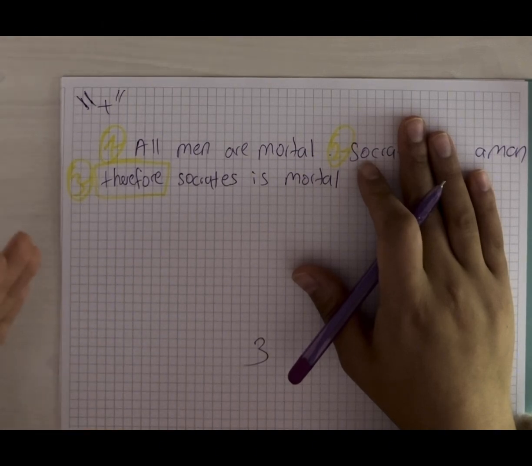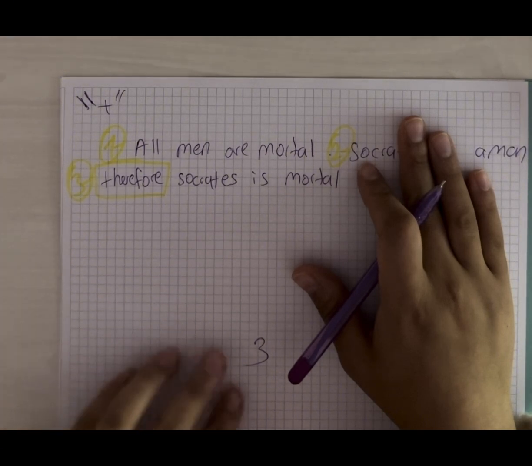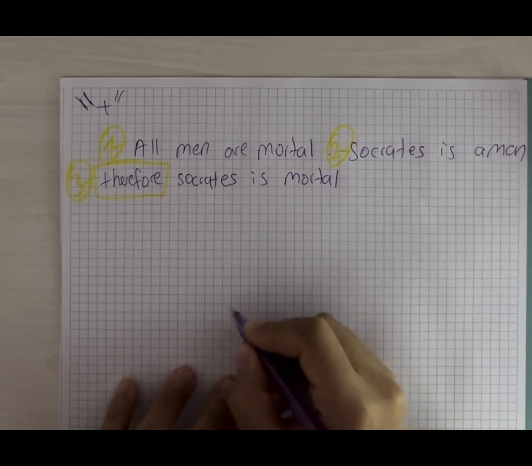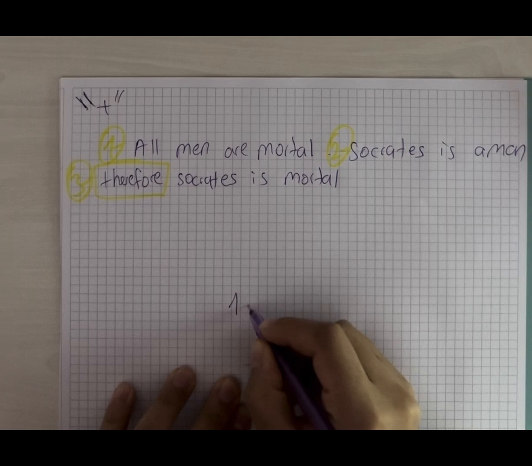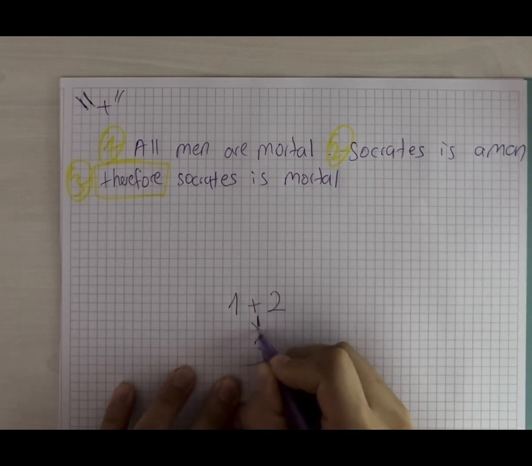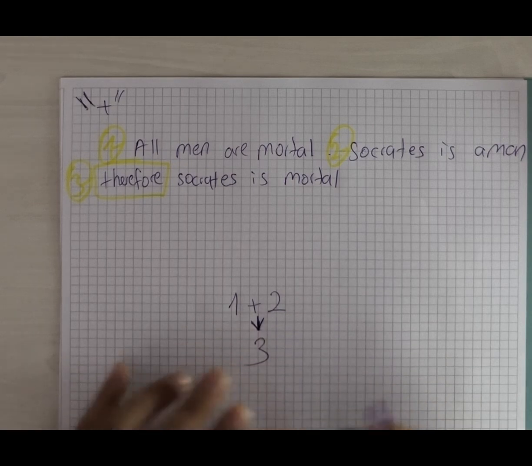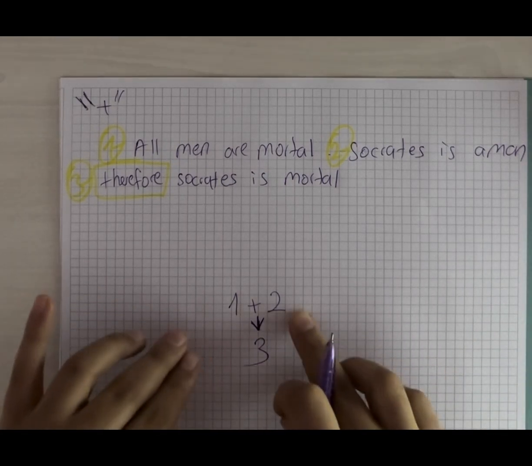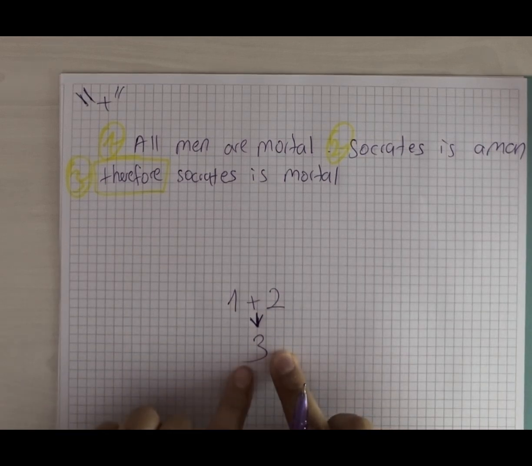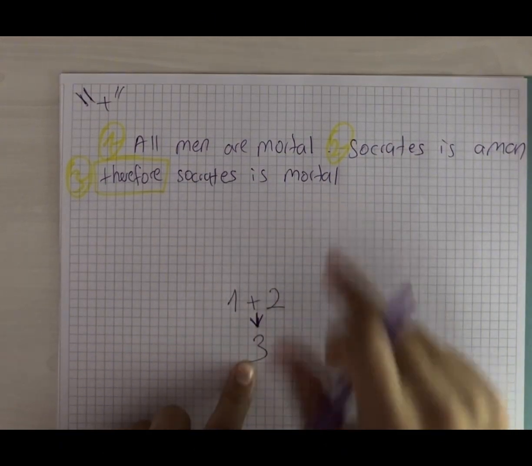So we cannot think of these premises separately. And therefore, we need to show it like that. The first and second premises are linked, and they cooperatively support the conclusion that Socrates is mortal.